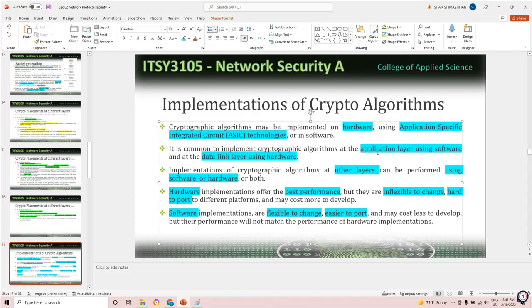If you want to implement the cryptographic algorithms at the application layer, you will go for software, and at the data link layer the hardware technologies are preferred. For other layers like the transport layer or the network layer, either technology can be used, that is hardware or software.